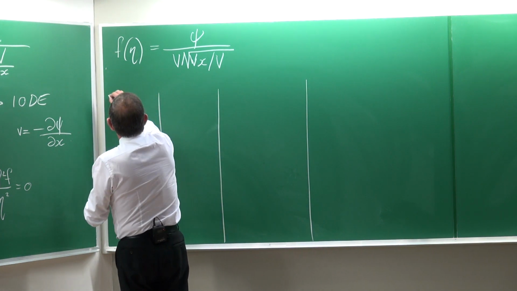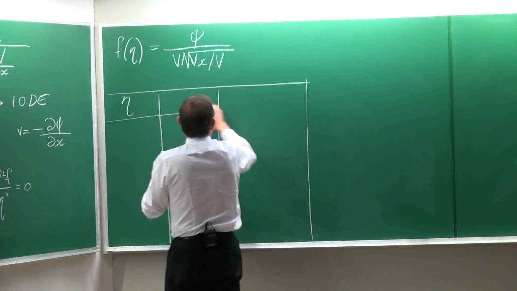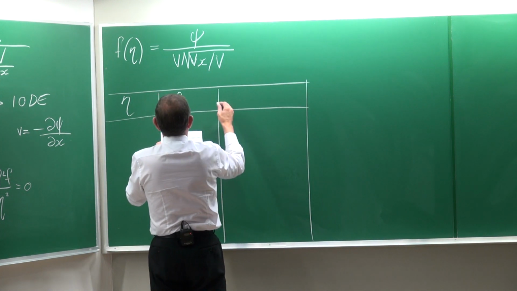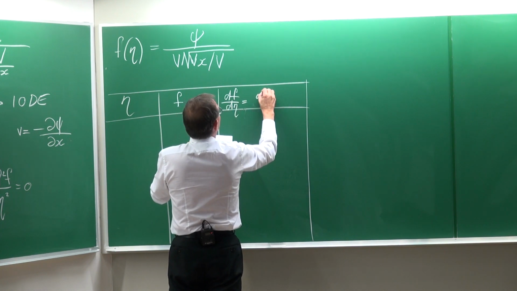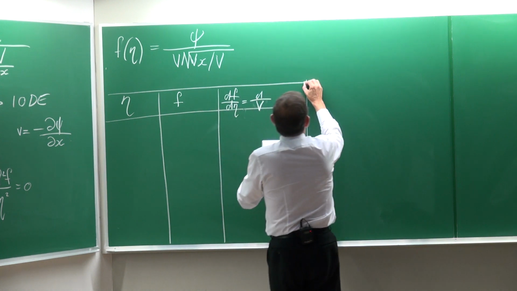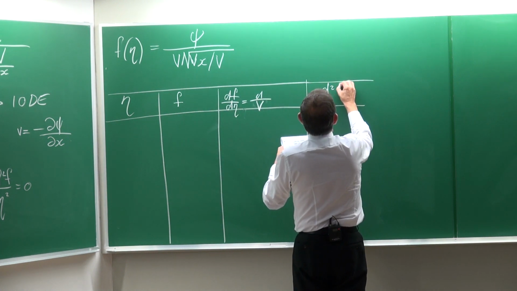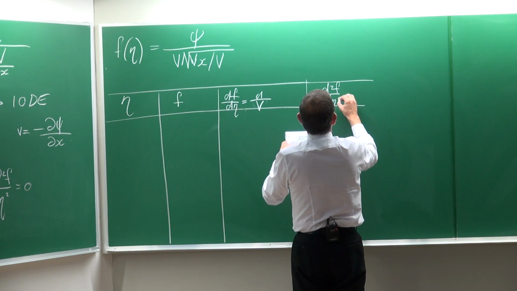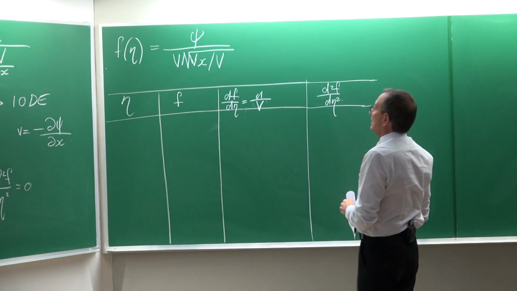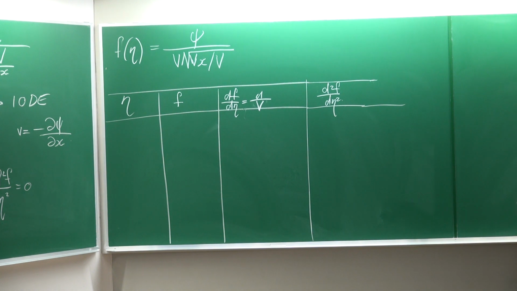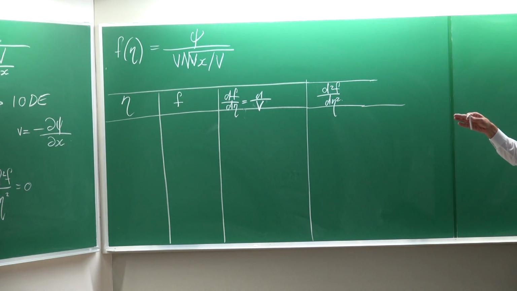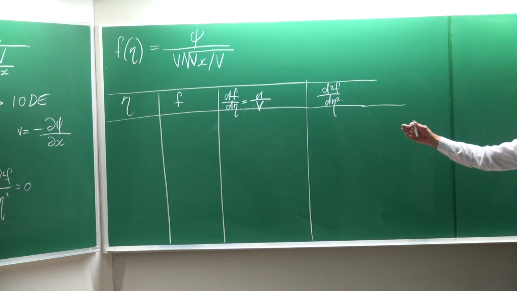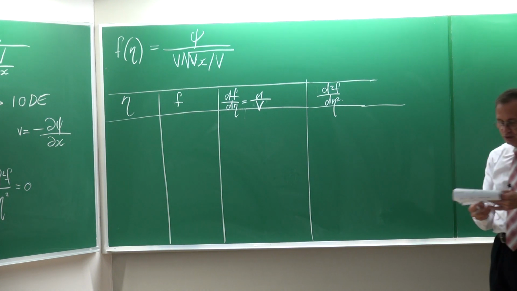And what he did is he looked at eta, f and df/d eta, which is equal to u divided by u infinity, and then also the second derivative, d2f/d eta squared, like that. And as I said, you can solve it with a power series by hand, or already about in the 1970s and the 1980s, they could start solving it numerically using the Runge-Kutta method. I don't know if you can remember the Runge-Kutta.